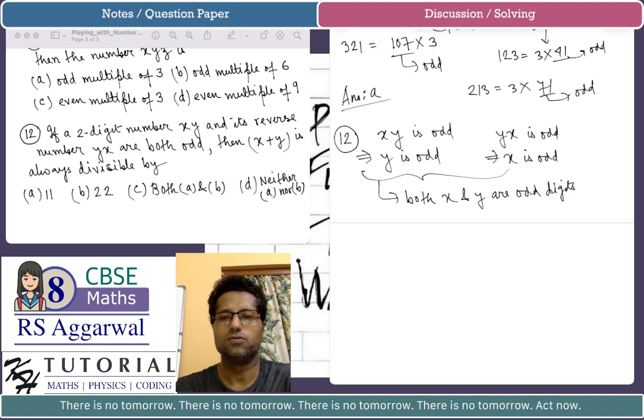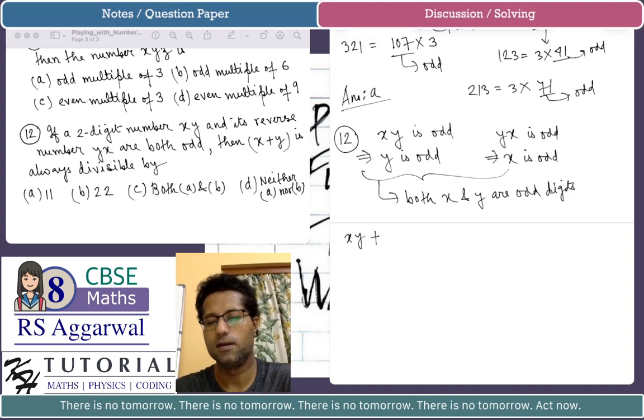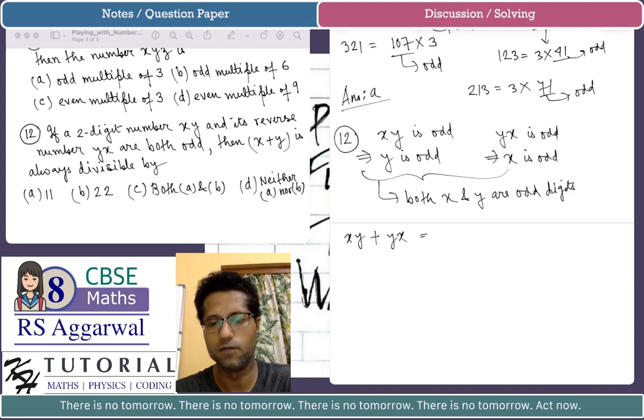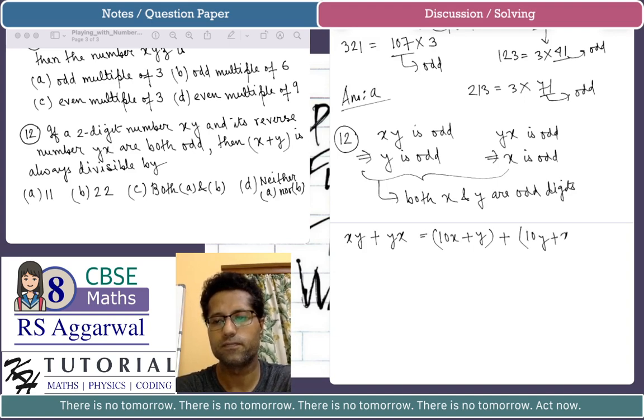Okay, so we have to say whether the sum of the number and the number formed by reversing its digits, that is xy plus yx, will be divisible by, we have to select the correct choice. Now if we consider this number in the general form, this is 10x plus y, and we have 10y plus x.